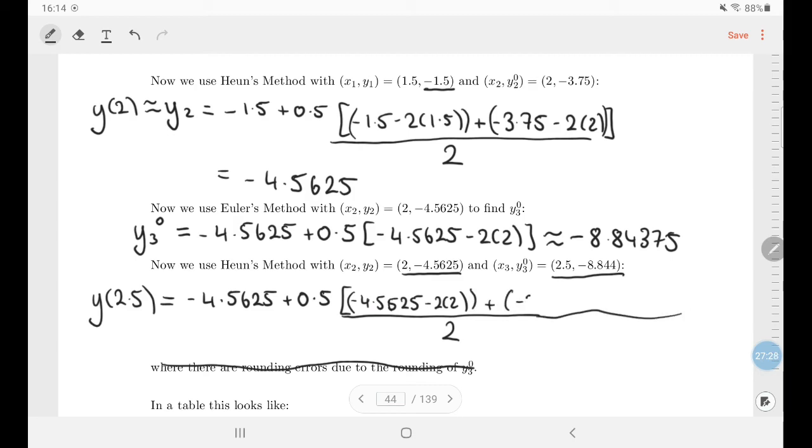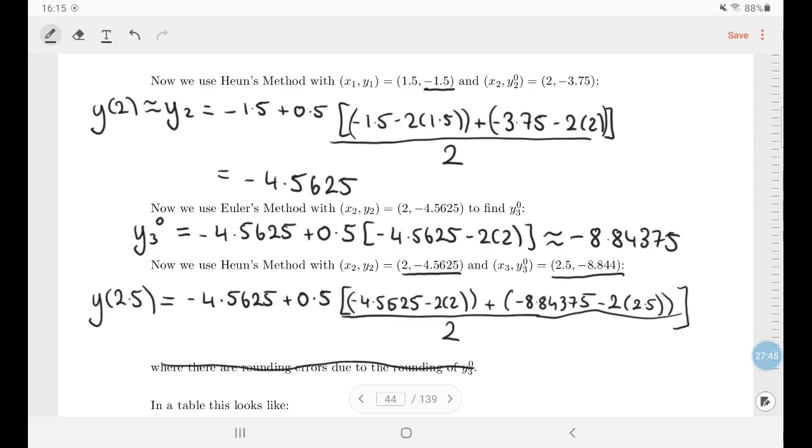So the y value is minus 8.84375 minus twice x, well here the x is 2.5. And this is, well, we'll see what the calculator comes up with.